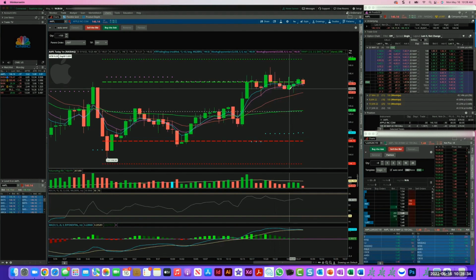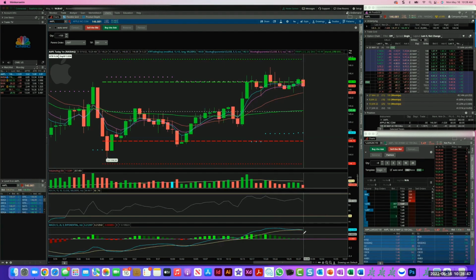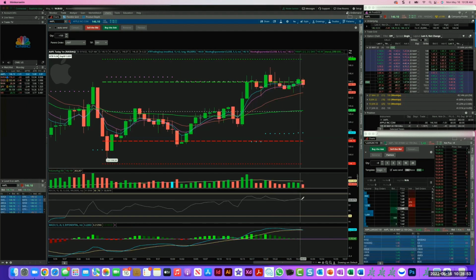So we've got an inverted hammer here, a hammer. So those are both bullish after this move down. We do see our MACD flattening out, but we are not oversold.